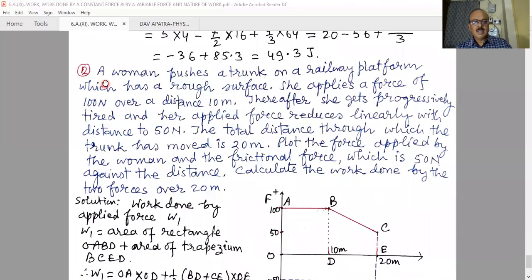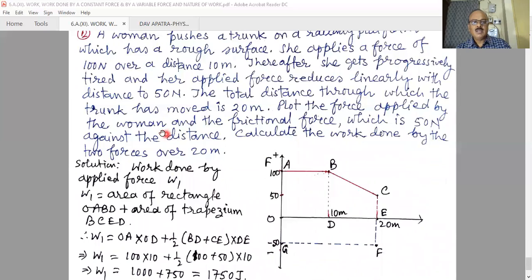One example: a woman pushes a trunk on a railway platform which has a rough surface. That means she has to push the trunk against the frictional force. She applies a force of 100 Newton over a distance of 10 meter, and thereafter she gets progressively tired, and her applied force reduces linearly with distance to 50 Newton.